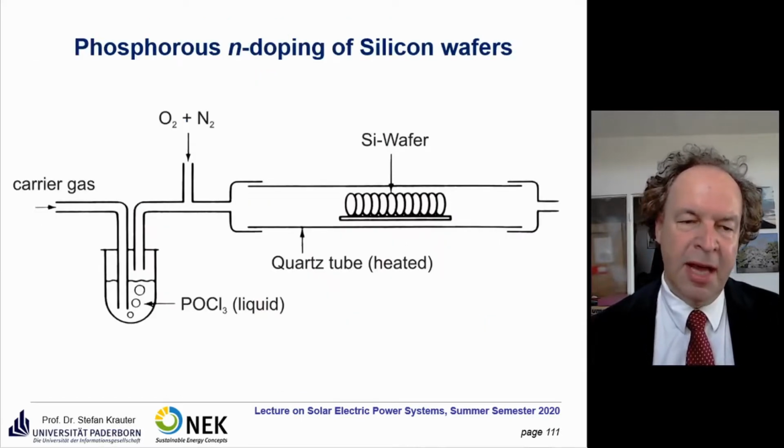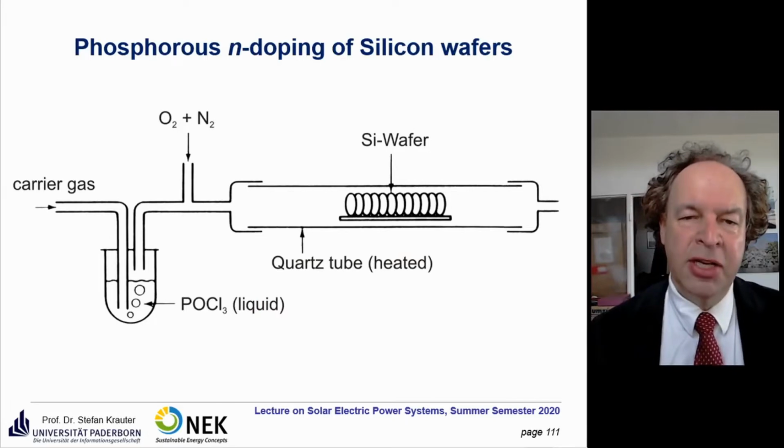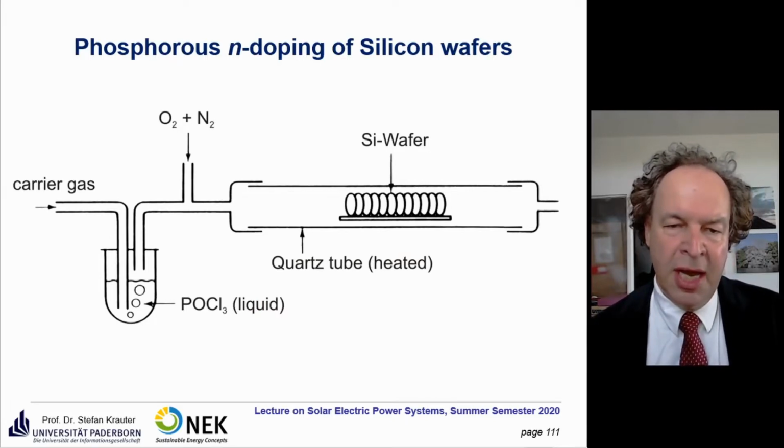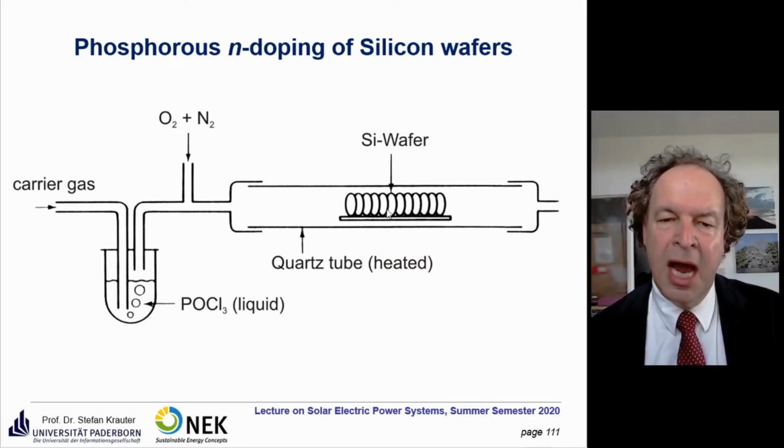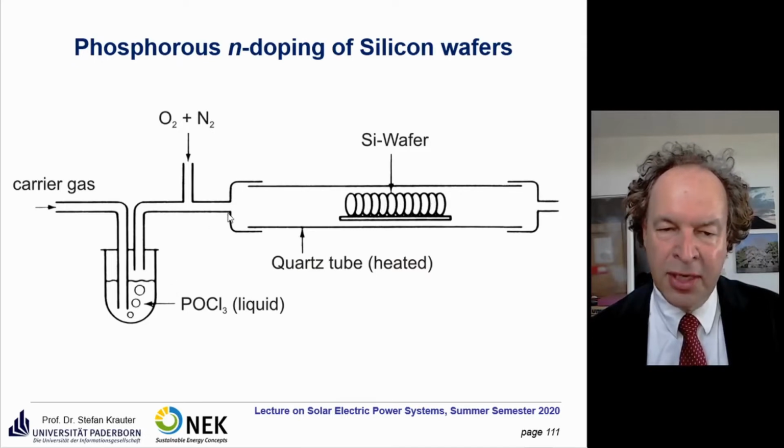Here you have an example of how you do the N-doping of the silicon wafers. So you have here the original silicon wafer, which is usually already p-doped. You do it already at the production of the silicon wafer. You put some boron inside, and so you have already p-doped wafers, and then you dope them with phosphorus here.